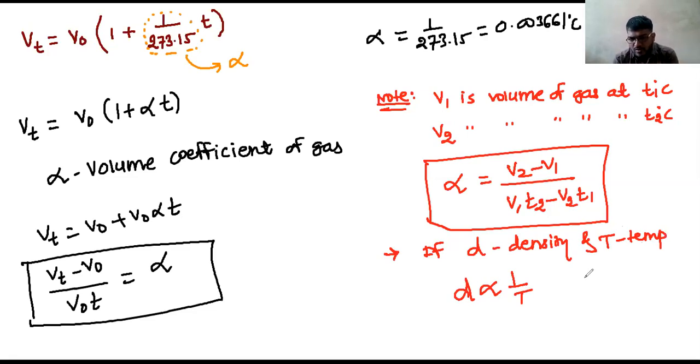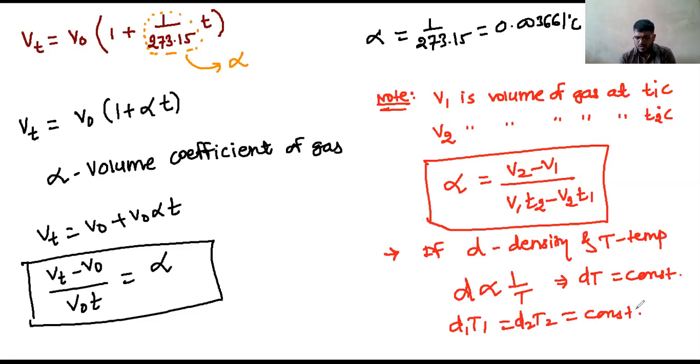So therefore DT is always constant, and therefore D1 T1 is equal to D2 T2, always constant. This is the law in terms of density. Clear? Density and temperature.